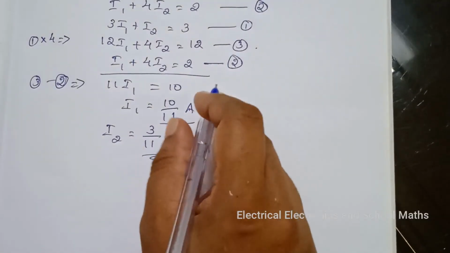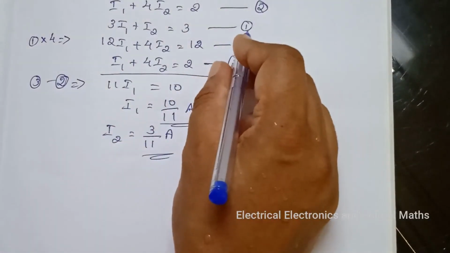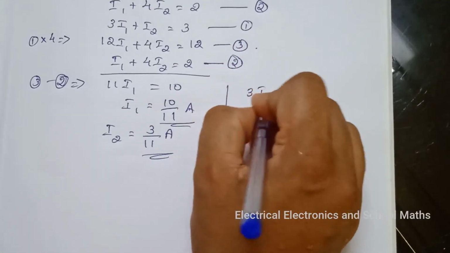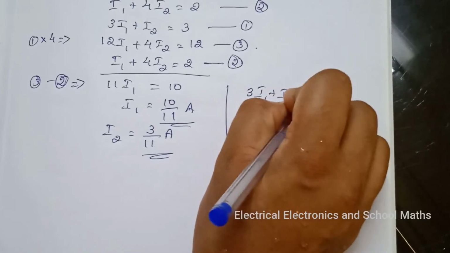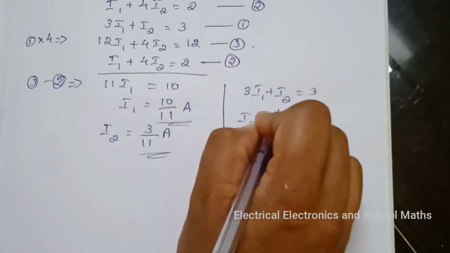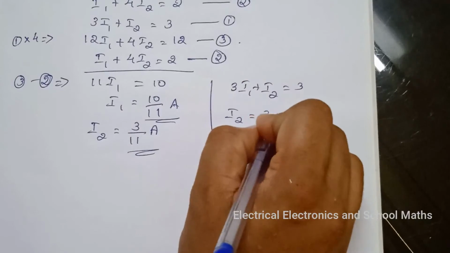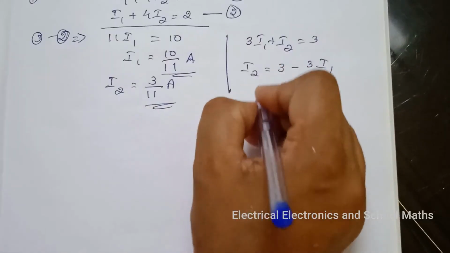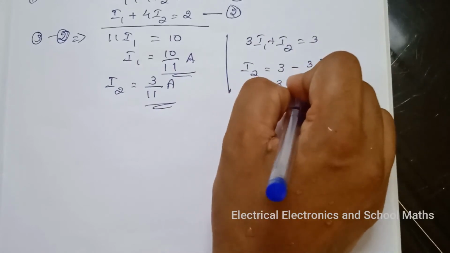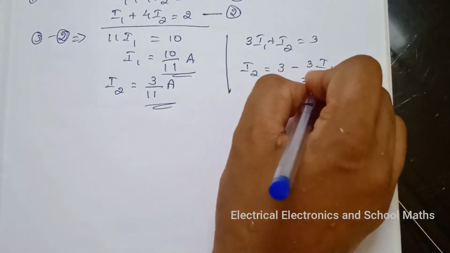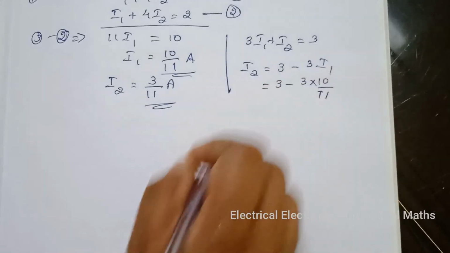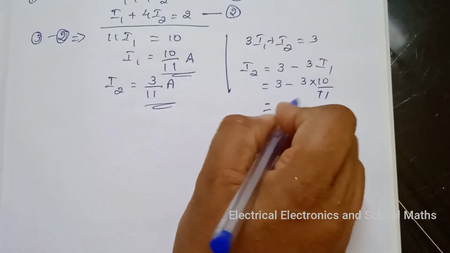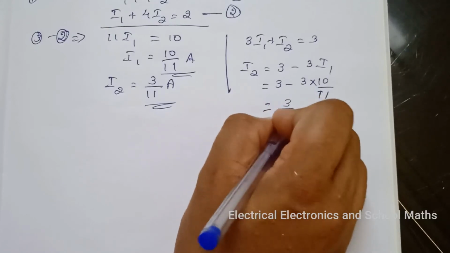That is, if we substitute the value of I1 in the first equation, 3 I1 plus I2 equal to 3, from this I2 equal to 3 minus 3 I1, that is equal to 3 minus 3 into 10 by 11, equal to 33 minus 30 by 11, that is 3 by 11 ampere.